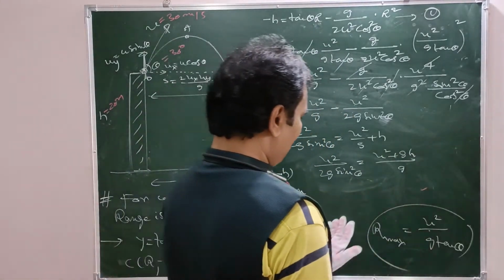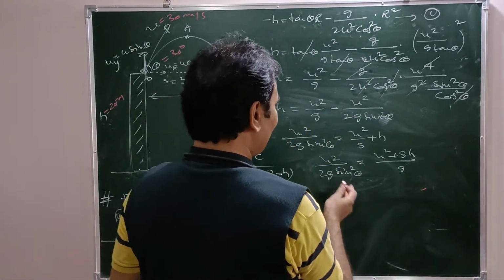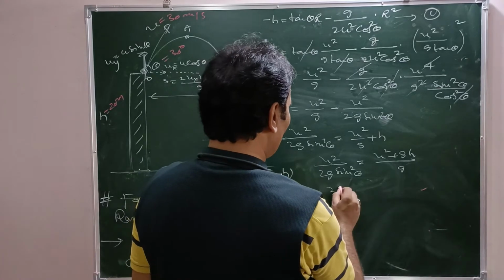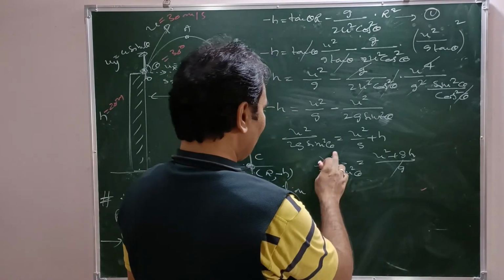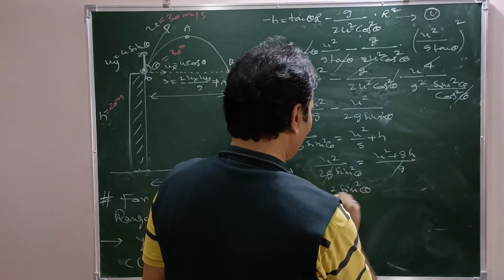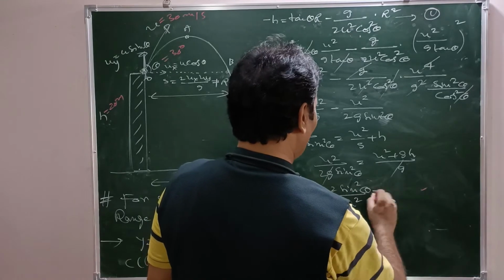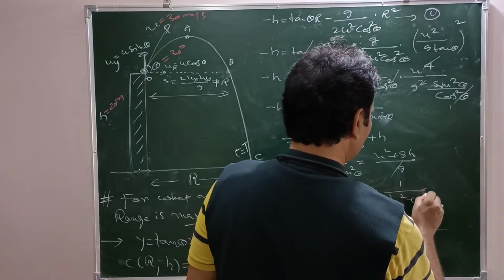Right? Now make sin square theta the subject. Take reciprocals, g and g cancel. Taking the reciprocals, that is 2 sin square theta by u square equals 1 by u square plus gh.